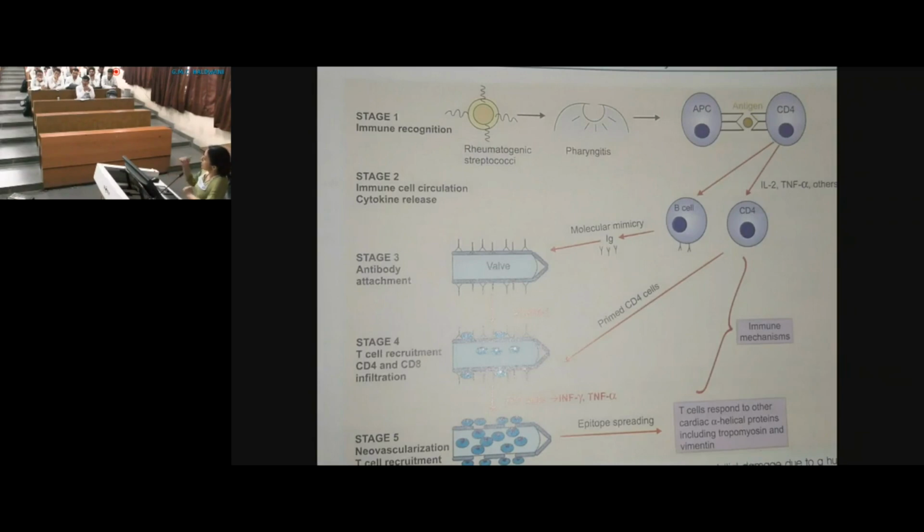So basically, initial damage is because of the antibodies. It causes expression of VCAM1, and later the CD4 cells secrete a lot of interleukins, TNF alpha and interferon gamma, and this entire immune cascade damages the valves. Why we are worried about the valves, I told you, is because all the other manifestations will disappear. It's the valvular damage which persists and causes the morbidity. That is why we are worried about the endocardial damage.